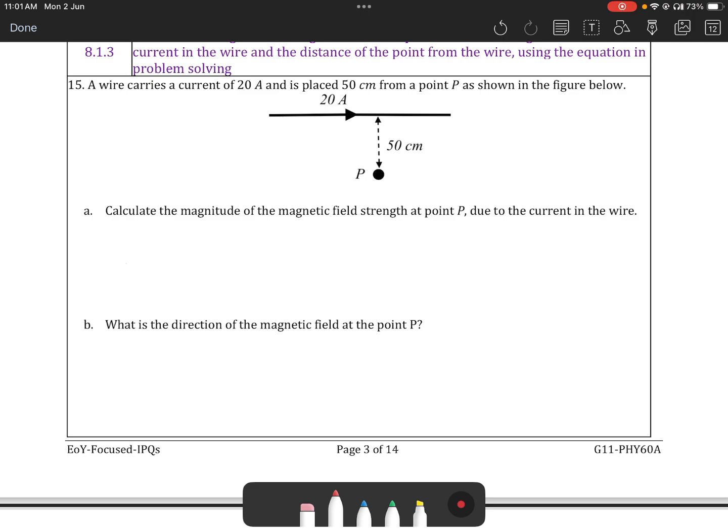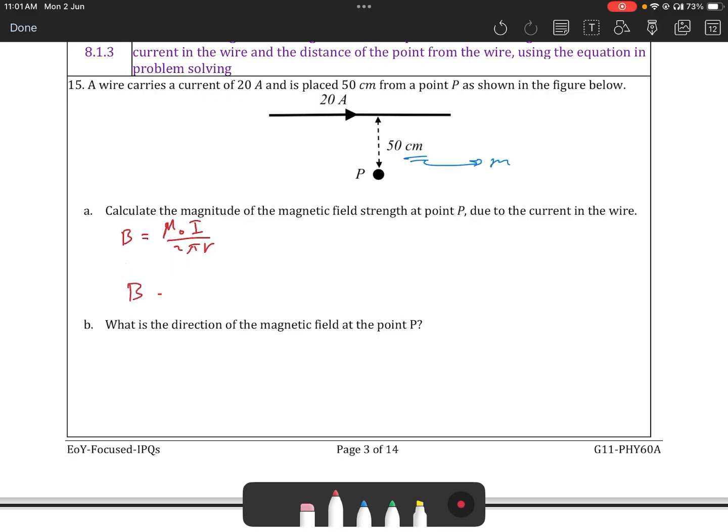To calculate the magnitude of the magnetic field, we can use this formula, B equals mu 0 times I over 2 pi R. We need also to understand that all units here are SI units. So we can't use centimeter, we need to convert it into meter. For this problem only, we have this conversion to do.